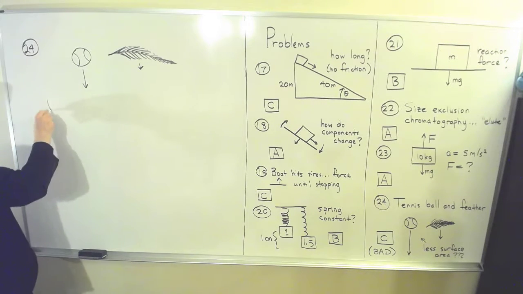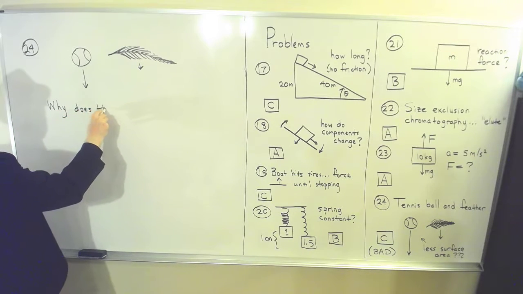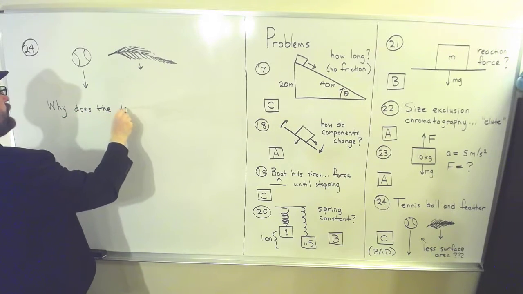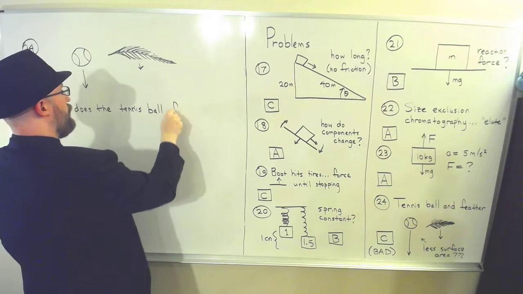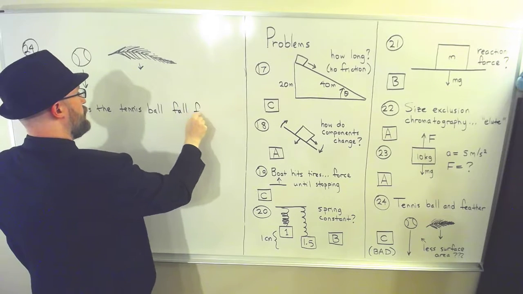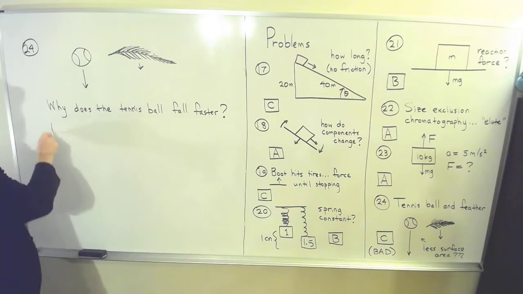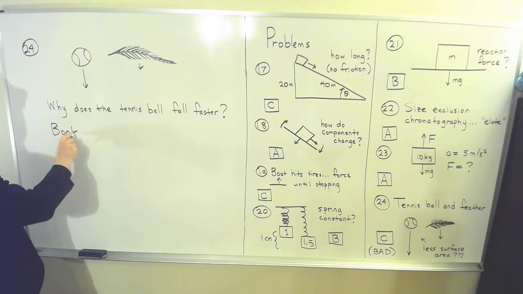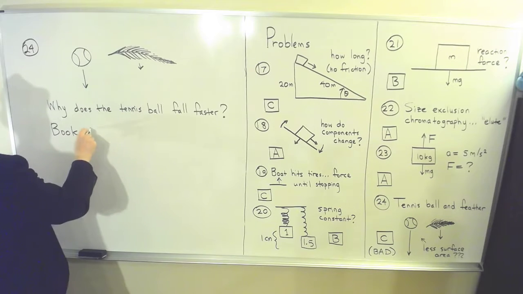And the question is, why does the tennis ball fall faster? What the book wants you to say is it's because the tennis ball has less surface area.